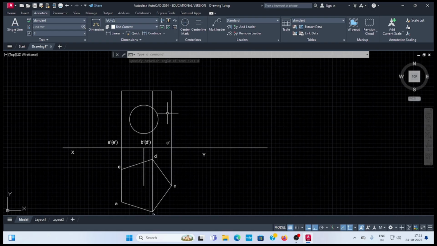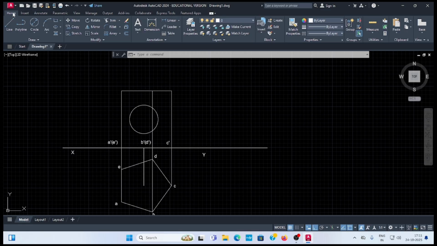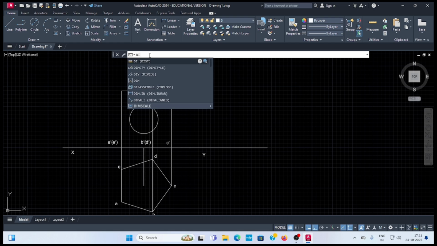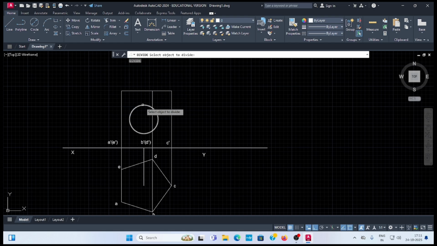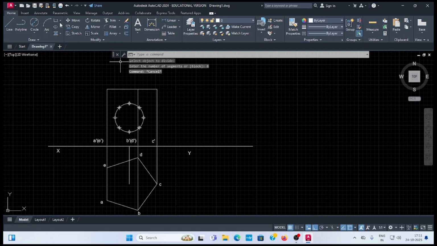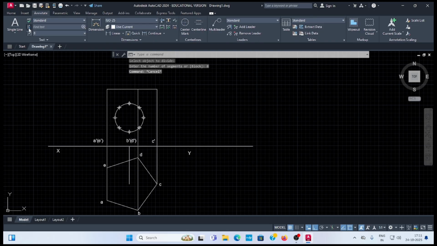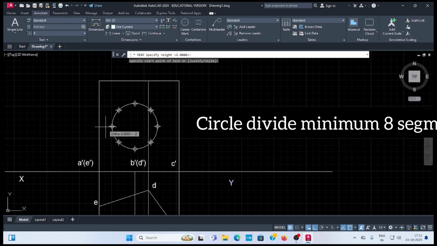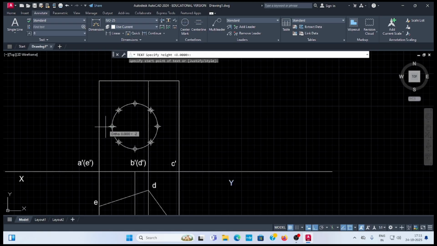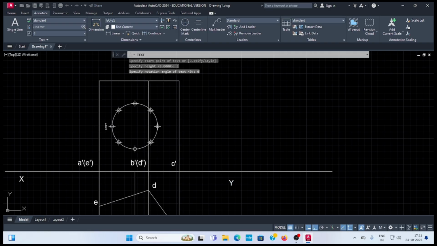Next, this circle also you have to divide into 8 parts. So go to the divide command. In the command bar I type divide, select the circle, 8 segments I divided, so 8, enter. Next go to annotate. Here also give naming. I reduce the letter size, give 5, enter, and angle of rotation 0, enter.